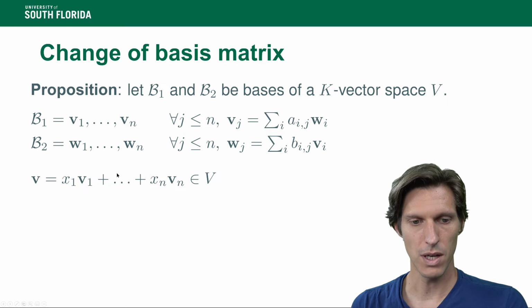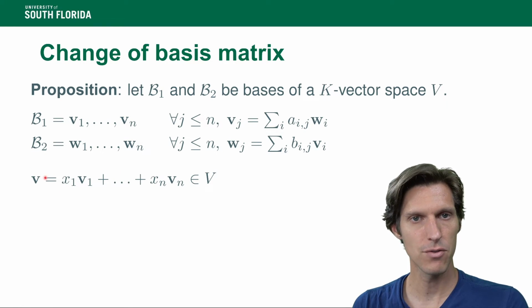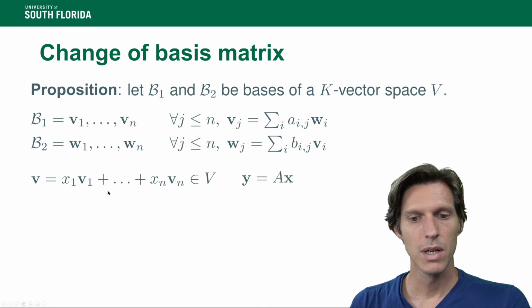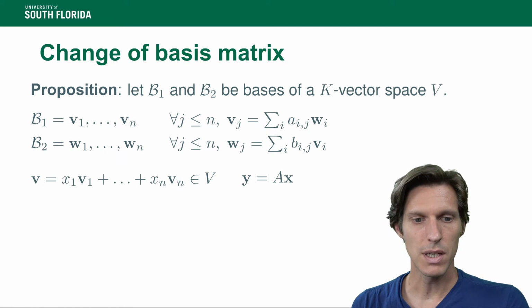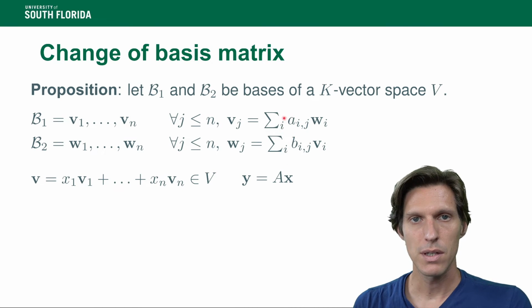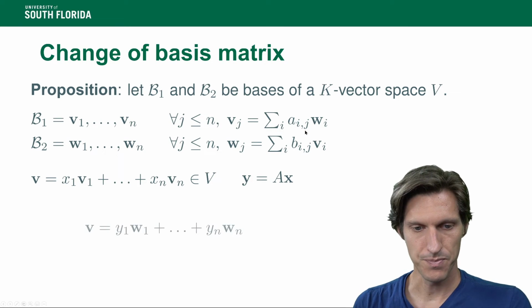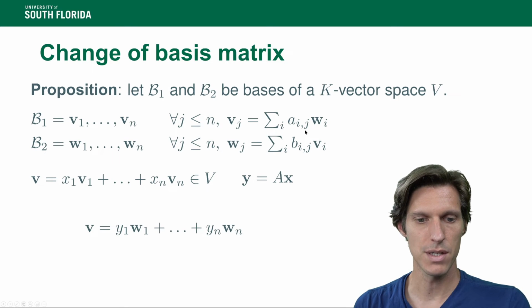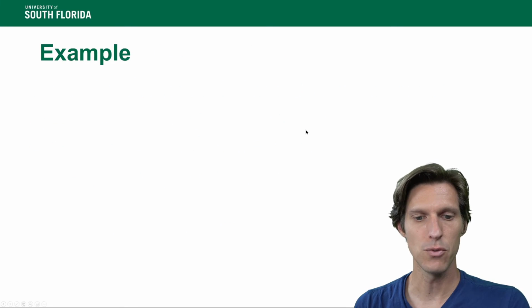So if we have a vector V that is expressed in the basis B1, we can calculate the decomposition of that vector V in the basis B2 through a matrix vector multiplication by the matrix that gives the rewriting of the Vj's as a linear combination of the Wi's. And so that gives us V in that new basis.